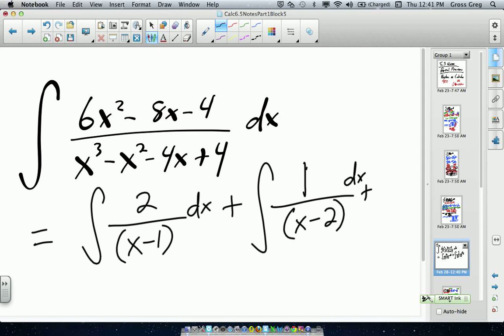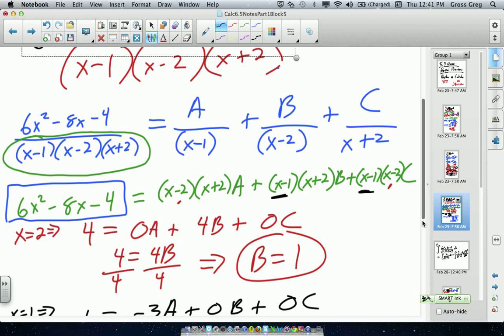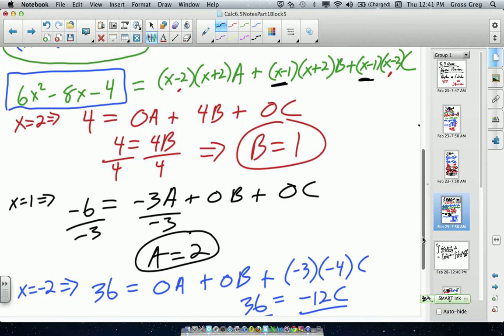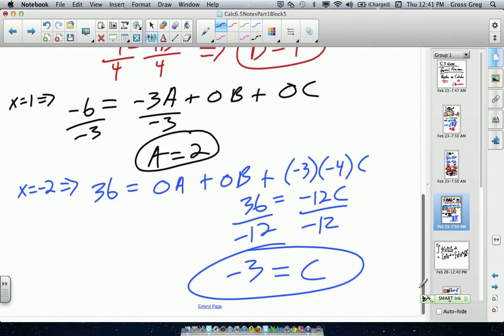And then the c portion was negative 3 over x plus 2, and I have to squeeze a dx in there somewhere. Make sure I got these right. So we got 1 for b, 2 for a, and negative 3 for c.